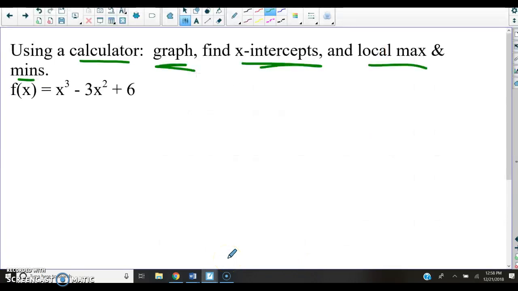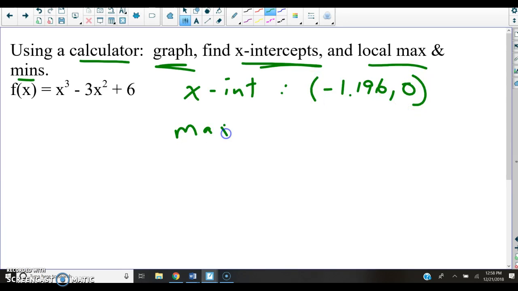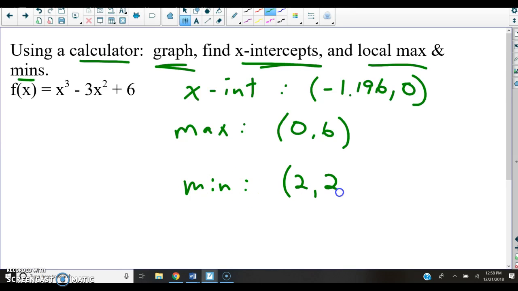So the x-intercept was that negative 1.1960. The max was 0.6, and the minimum was the 2.2. And again, some people would say the max value was 6, the min value was 2.